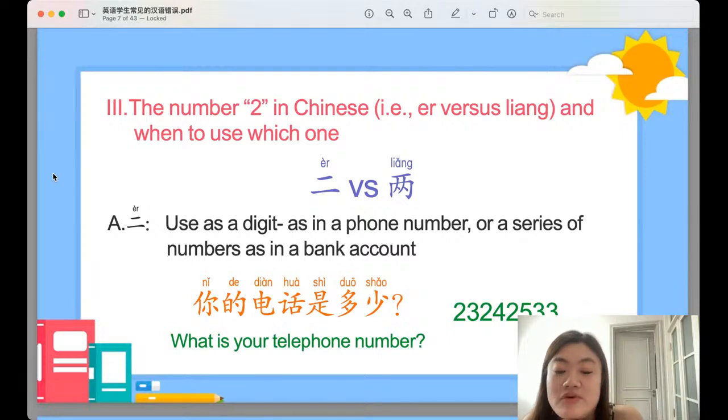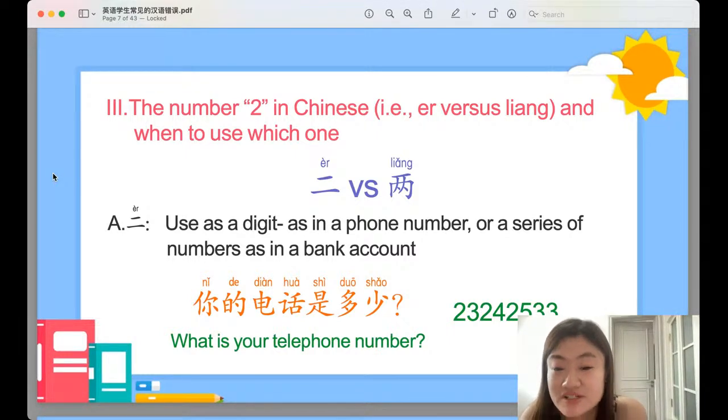So for example, a lot of times we say 你的电话是多少? 你的 is your, 电话 is phone call, 是多少 is what is. So it's kind of like, what's your phone number? 你的电话是多少?